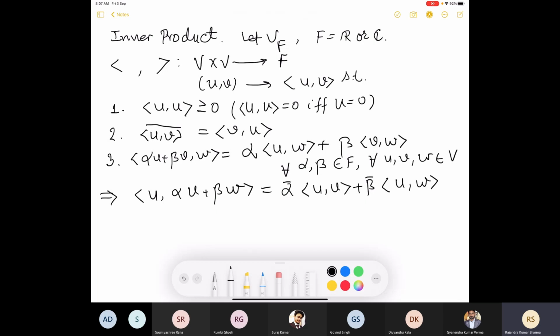We also had seen one important inequality that we proved, known as the Cauchy-Schwarz inequality.